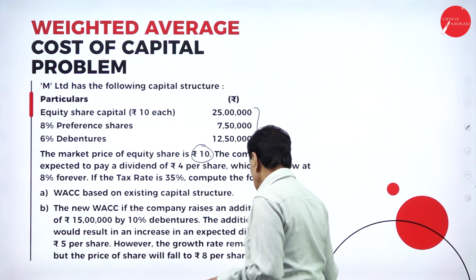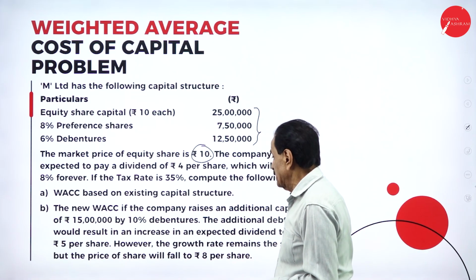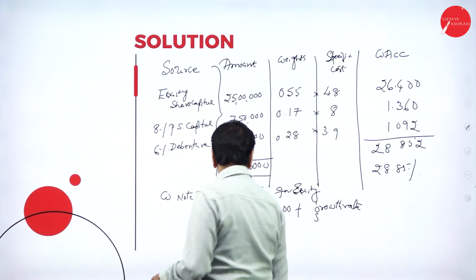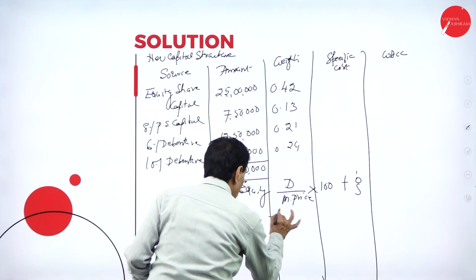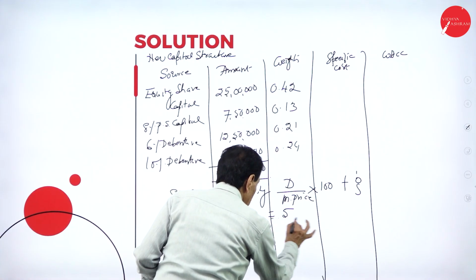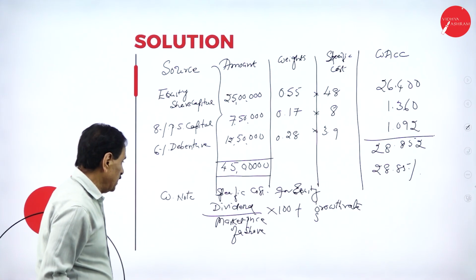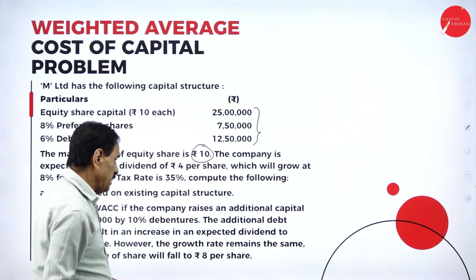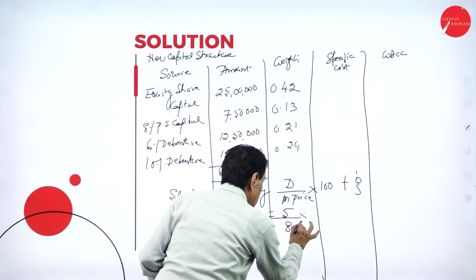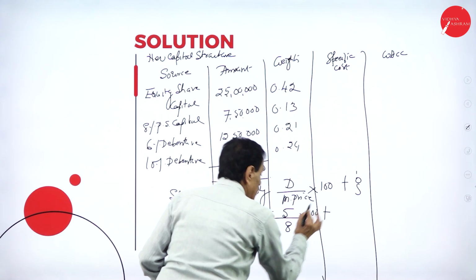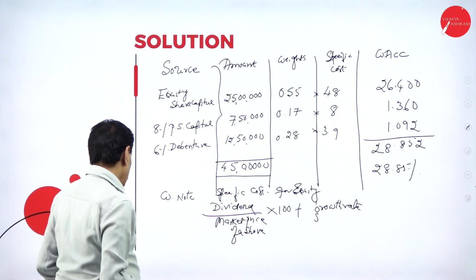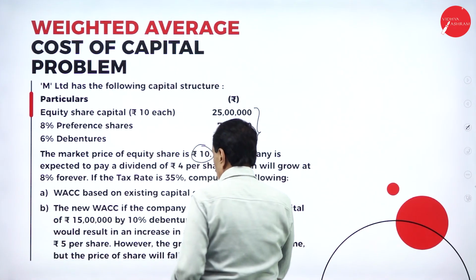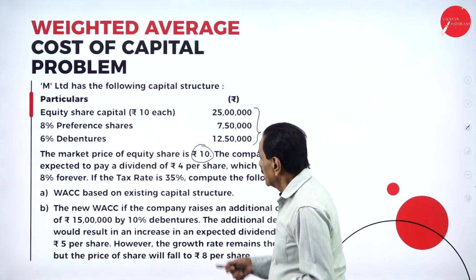However, growth rate remains the same and market price becomes 8. Dividend becomes 5.